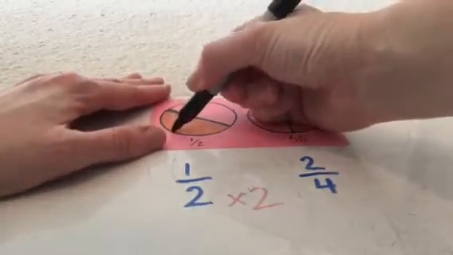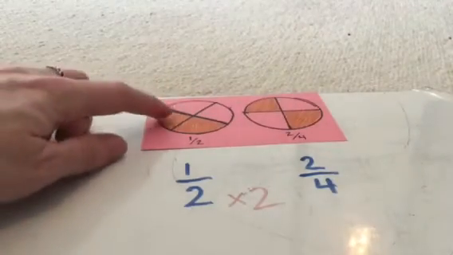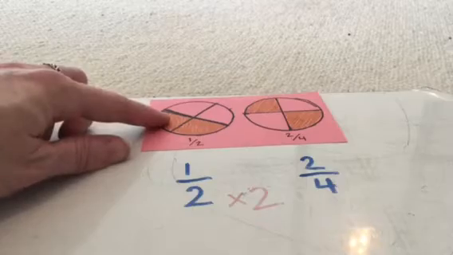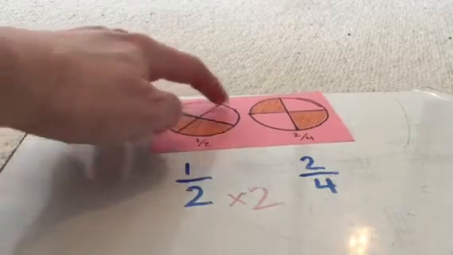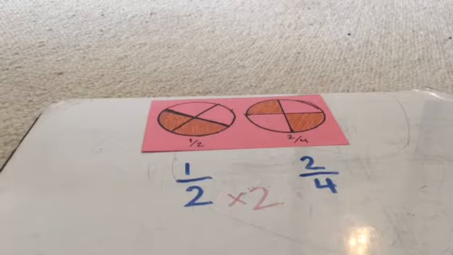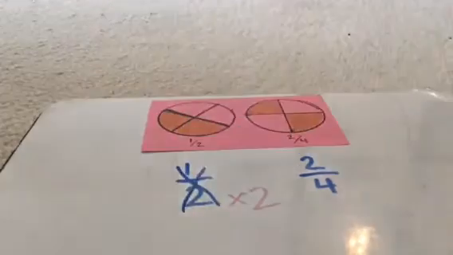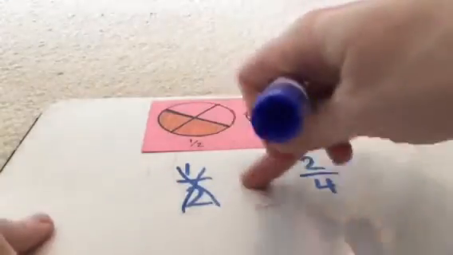So watch this. I split the bottom piece here into 2 equal pieces. I split the top into 2 equal pieces, and now I have a total of 4 pieces. And I'm going to cross out the 1/2, and I'm going to write it as my new fraction.